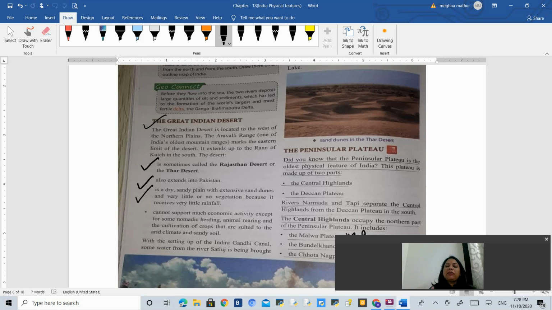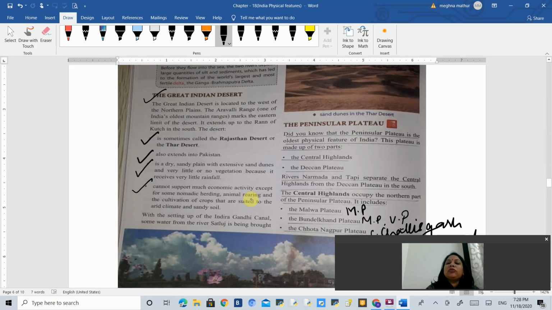Obviously, where there is very less water and very less rainfall, the vegetation will also be very less. Here there is very less economic activity because farming cannot be done due to the less availability of water, and that is why most of the people are nomads here, who depend upon animal rearing. So this is about your Great Indian Desert.